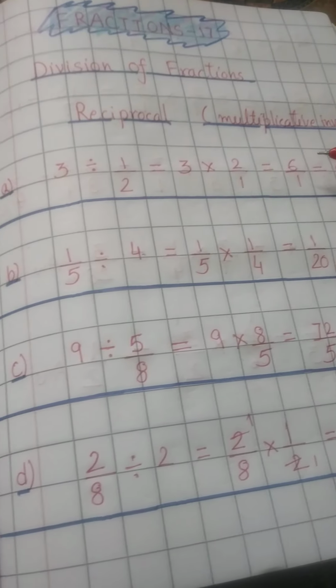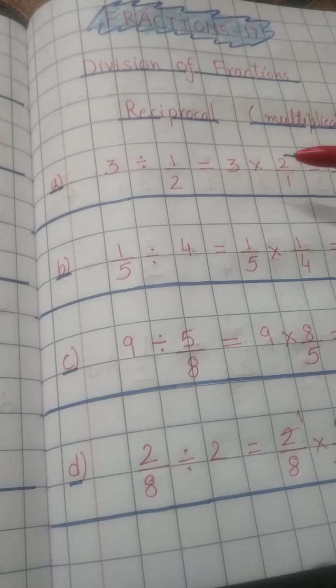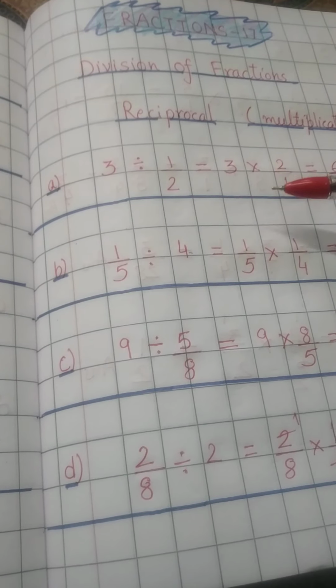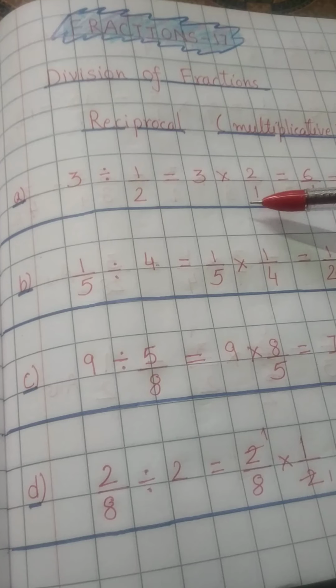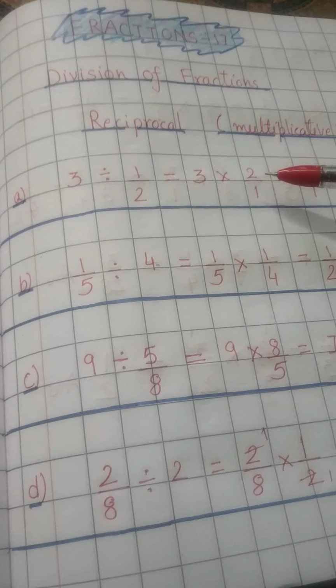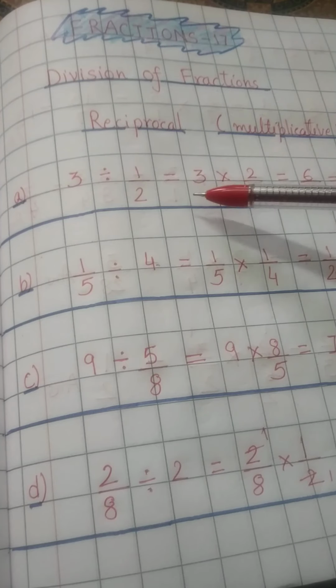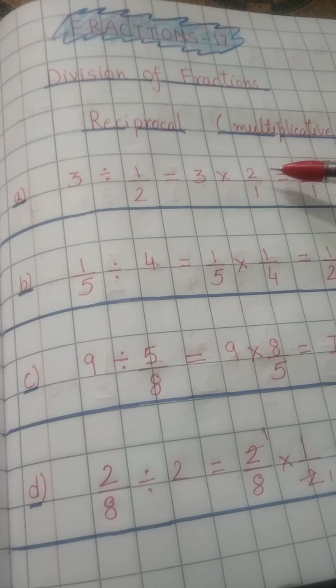Now see, the question is 3 divided by 1 upon 2 equals 3 into... look here, 1 upon 2 will become 2 upon 1. So this is the reciprocal. When we interchange the position of numerator and denominator, that is the reciprocal or multiplicative inverse. Right? 1 upon 2 becomes 2 upon 1.